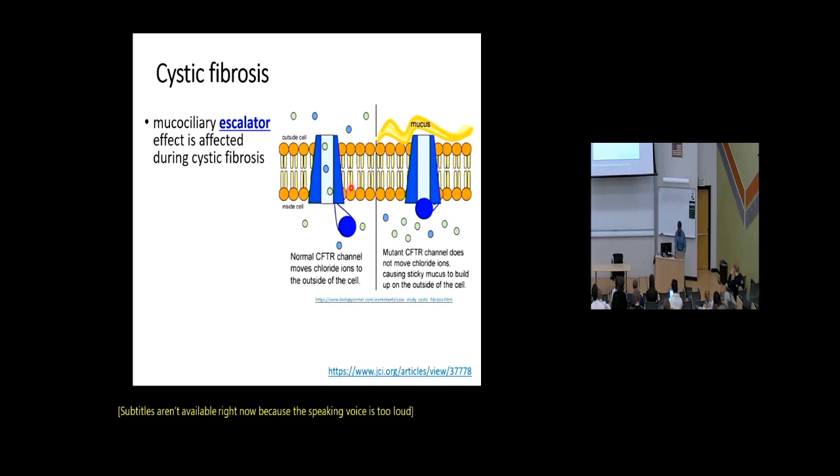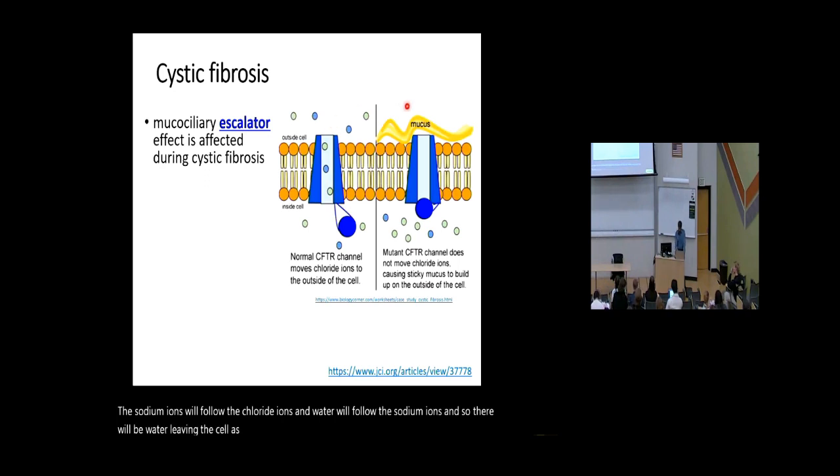In this panel to the left, we notice that it's a normal CFTR channel, and as a result, chloride ions can pass through, shown here in green. The sodium ions will follow the chloride ions, and water will follow the sodium ions, so there will be water leaving the cell as well.